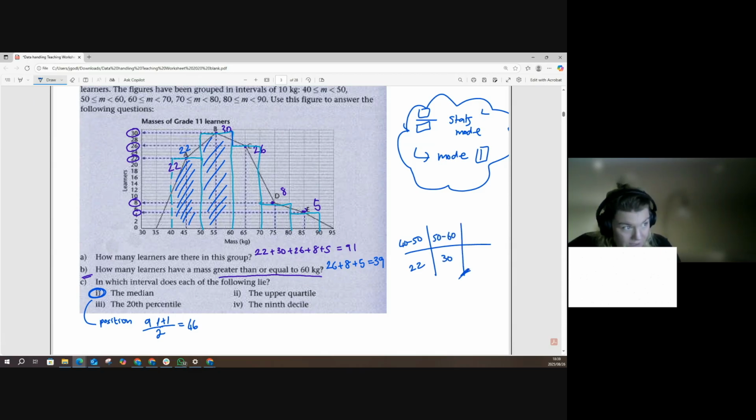After this point, I'm going to be sitting on 52 learners. I'm looking for position 46, which means it has to fit somewhere in here. So my median is somewhere between 50 and 60.